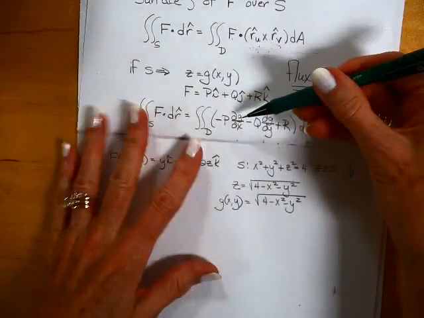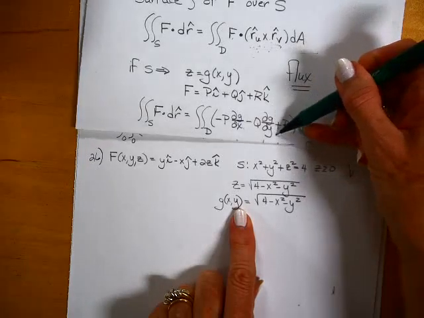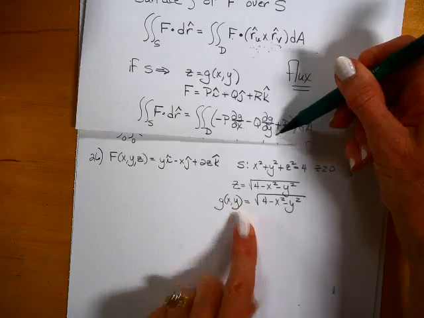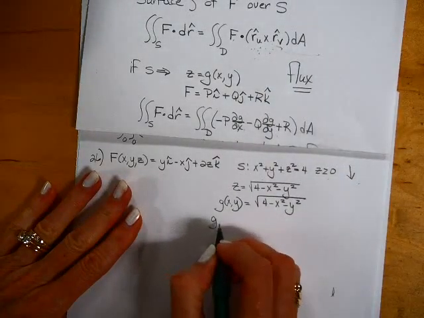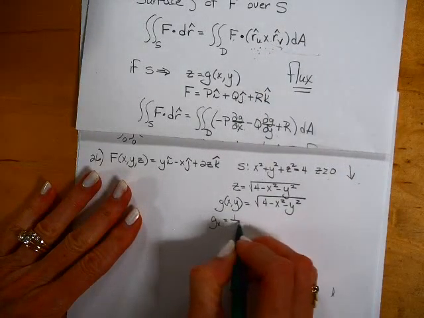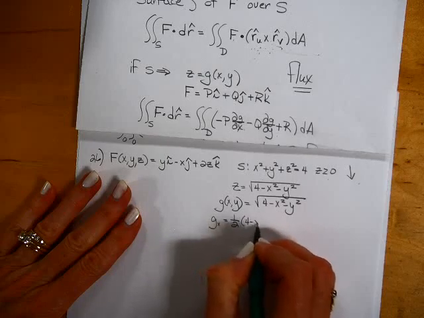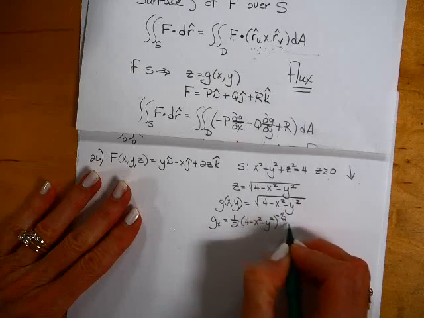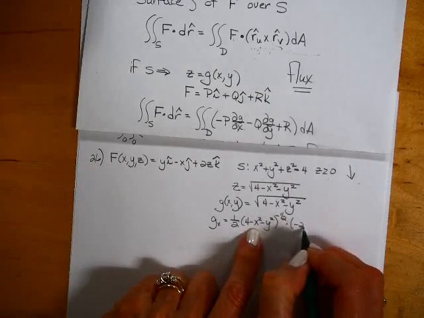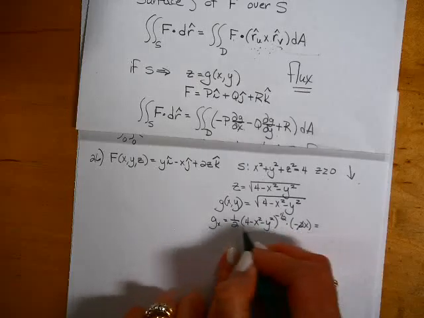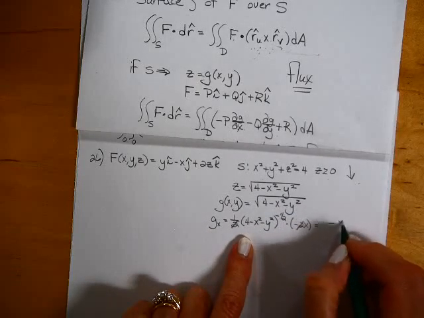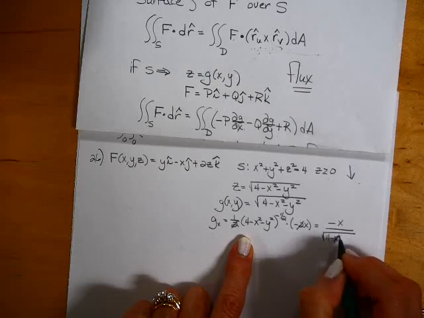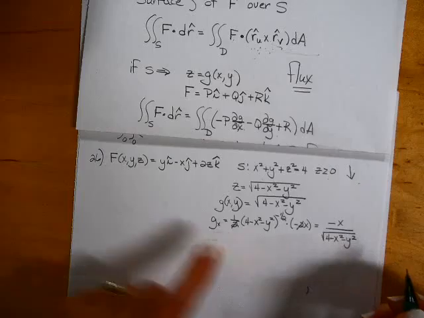So you need the partial of this function with respect to x, and you need the partial of this with respect to y to put it in this formula. Okay? So g with respect to x, 1/2 (4 minus x squared minus y squared) to the -1/2 times the inside, which is -2x, which makes that -x over the square root of 4 minus x squared minus y squared.